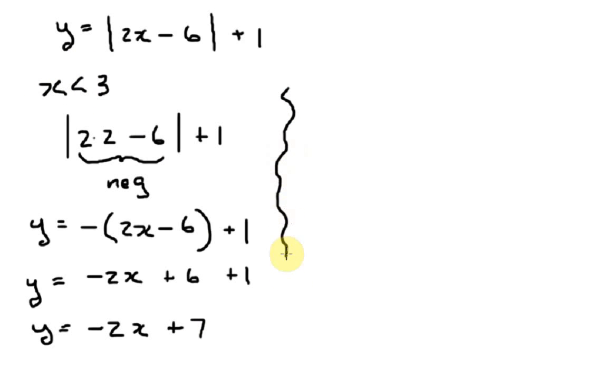Now what about when x is greater than or equal to 3? Well, that means the numbers I plug in, for example, if I plugged in a 5, I would have the absolute value of 2 times 5 minus 6, plus 1.